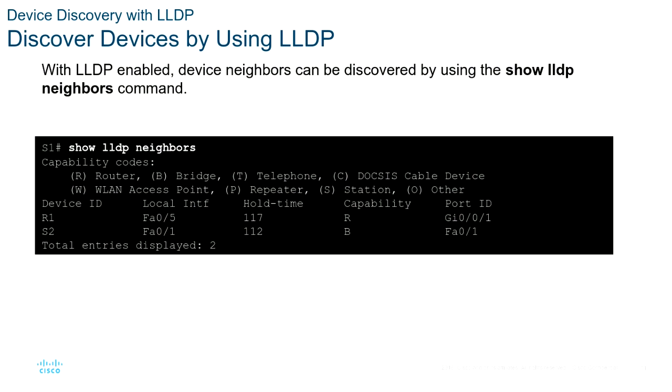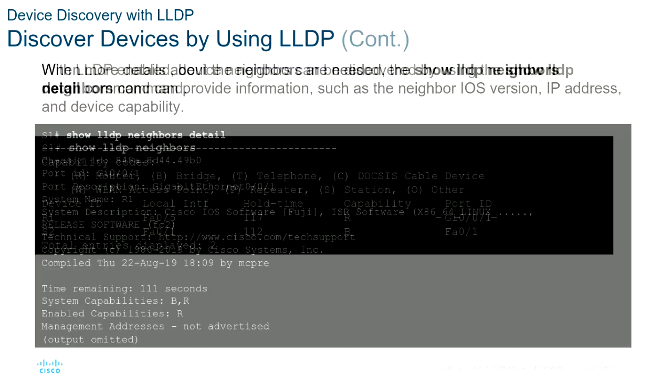It's showing us that its neighbor R1 is connected through S1's FastEthernet 0/5 port to the GigabitEthernet 0/0/1 port of the router, and the two switches are connected together from port 1 to port 1, very typical for our labs. You can see how they're connected together, and it'll show you a little bit of information about that.